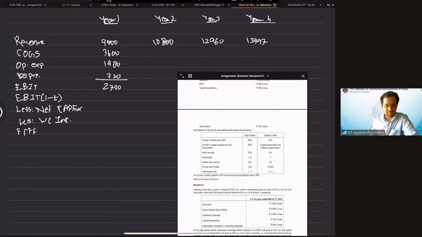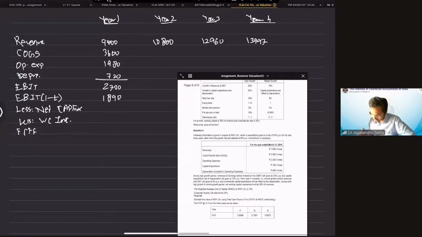Let's make it post-tax by subtracting 30%. That will become 1890. Net capex is going to be as given in the question. Capital expenditure is 750. From that, 600 is the depreciation.